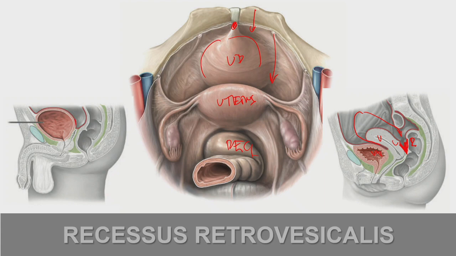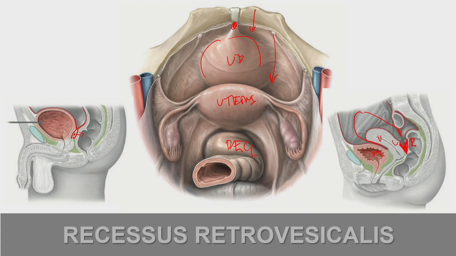The same is in a male, but in male we have no such structure here. This is the seminal vesicle, but it is not prone over the urinary bladder. So in male, there is a space only between urinary bladder and rectum.